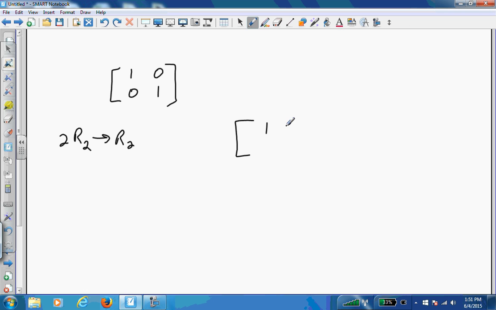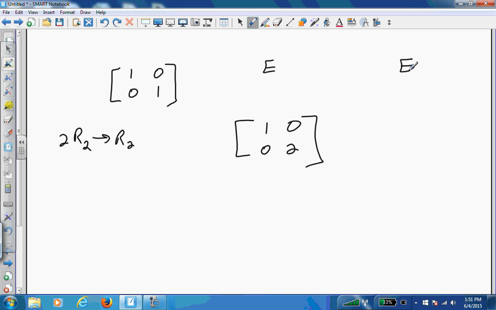So we're not getting a new row 1, we're getting a new row 2, and it comes from doubling the old row 2. So if we double this row, we get this. So that's an elementary operation.